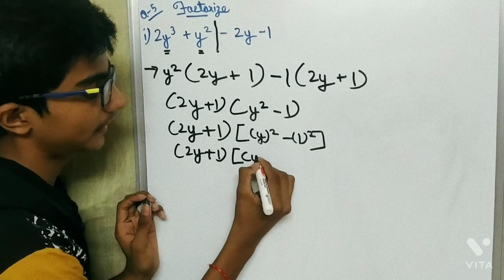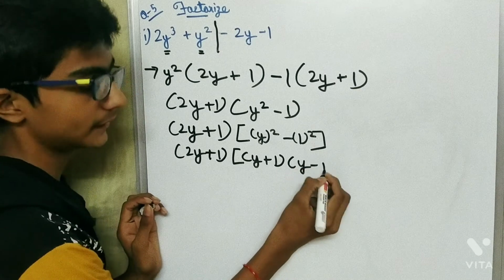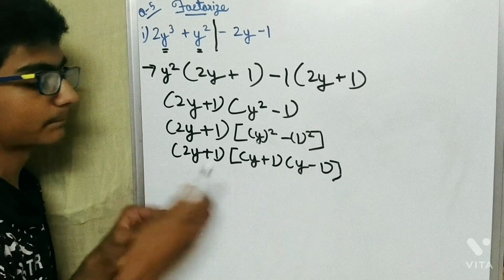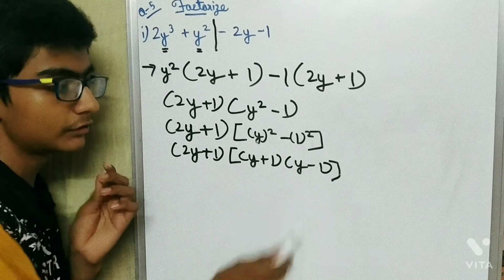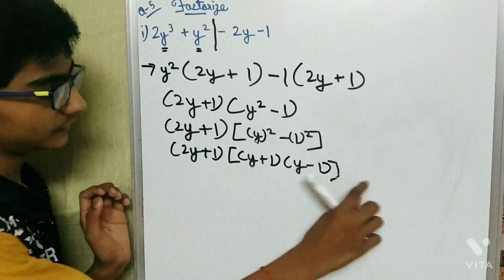So it will be written as y plus 1, one time plus, and y minus 1, one time minus. See here, if we multiply this, y into y is y square, 1 into 1 is 1 square, and plus minus is minus. So this is our final answer.